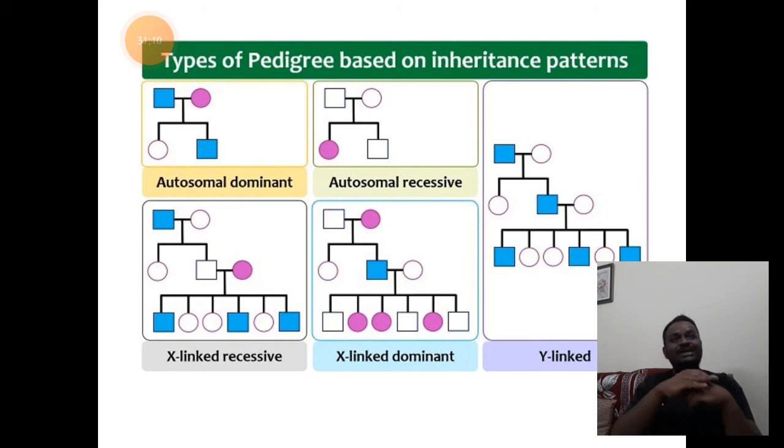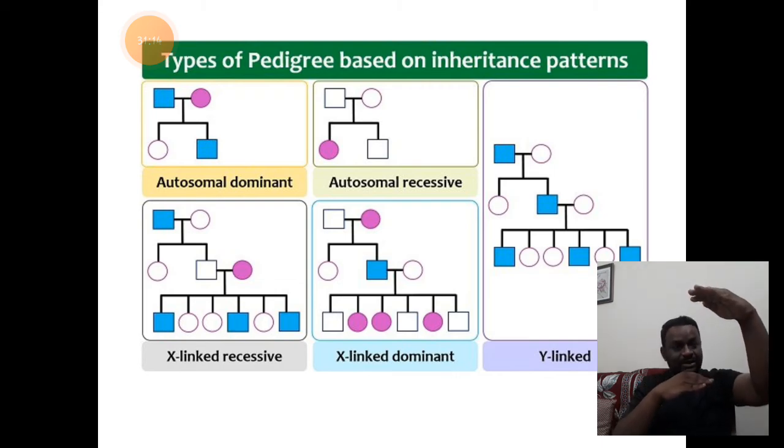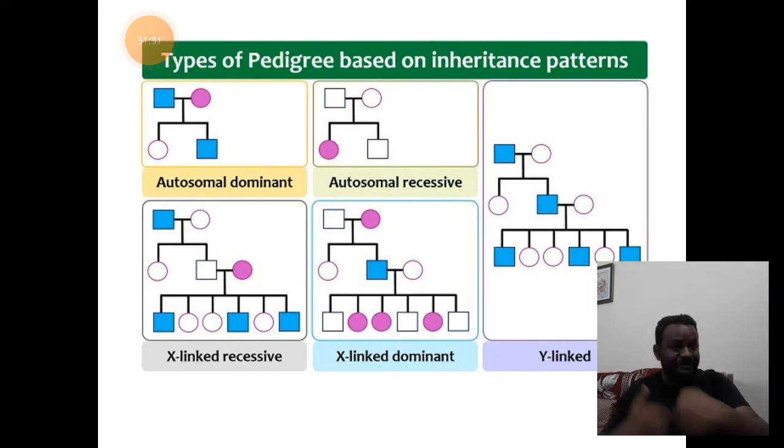I repeat, grandfather will have the affected character. It will be passed to the daughter, but the daughter will be a carrier female, normal. From this daughter, it will be passed on to their grandson. Grandson is affected. So carrier female will pass that character to her sons.